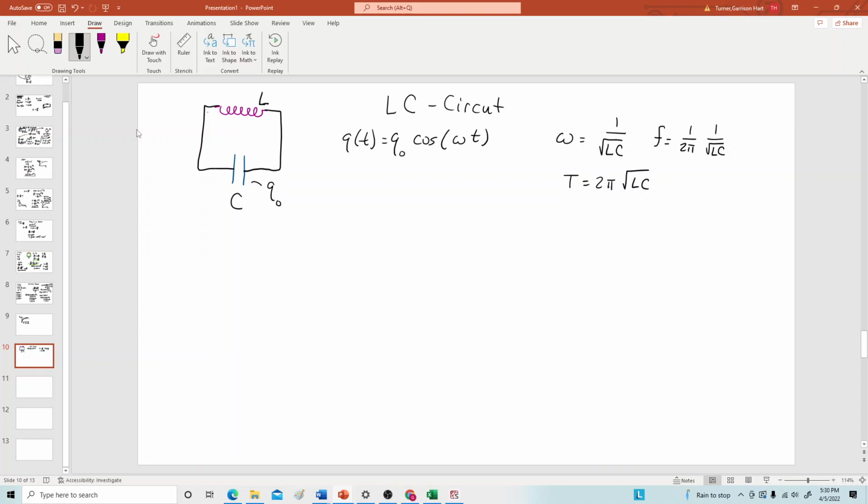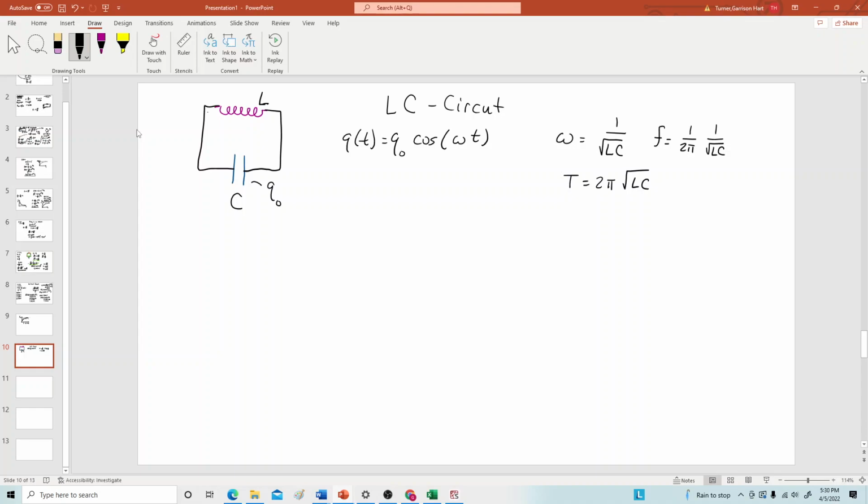And what you can take from this is, the smaller the values of L and C, or at least the smaller their product is, if I have a small product for L and C, then I'm going to get larger values for omega. Whereas if I have large values of L and C, then I'm going to get smaller values of omega.